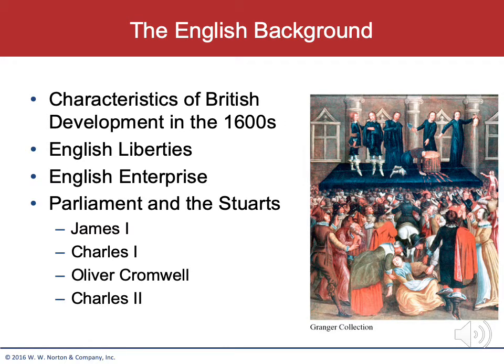So when Charles II is restored to the throne in 1660, he's coming to the throne under the agreement that he would, in a sense, not follow in his father's footsteps. And it's during his restoration period that we get what are called the Restoration Colonies.